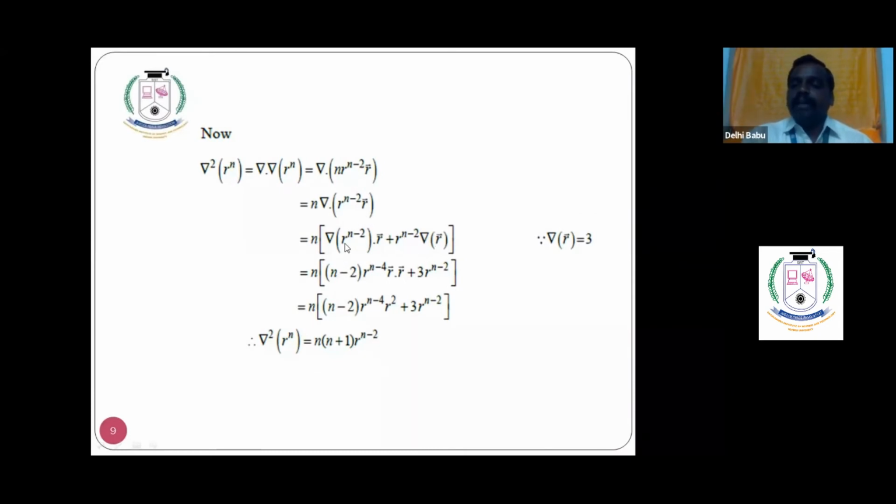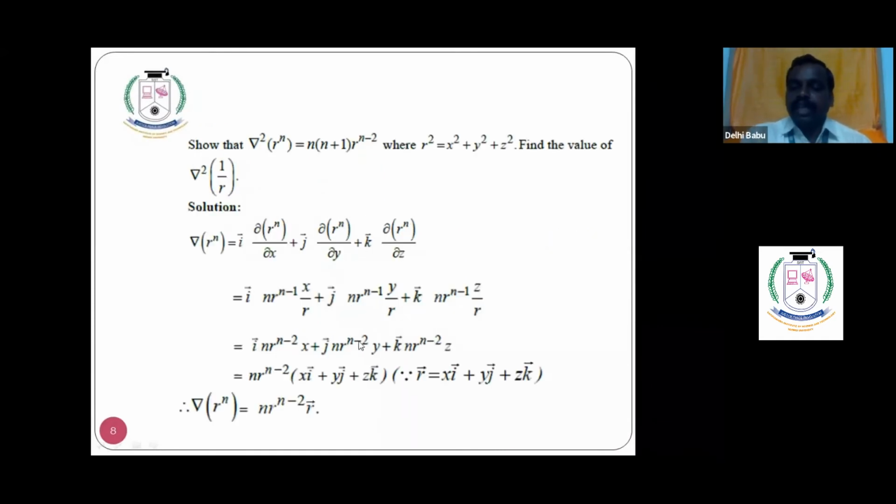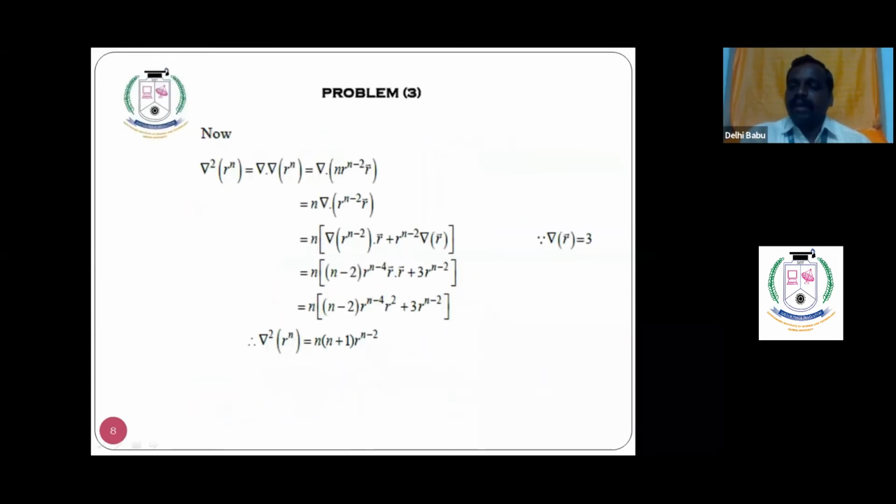So r^(n-2), what is the differentiation? n minus 2 r^(n-3) into that r with respect to x is x by r, like the previous step, x by r. Once again this r^1 comes to the numerator as r^(-1). So already I have r^(n-3), because the differentiation of r^(n-2) is n minus 2 r^(n-3). This r^(-1) also comes, we get r^(n-4) into xi.